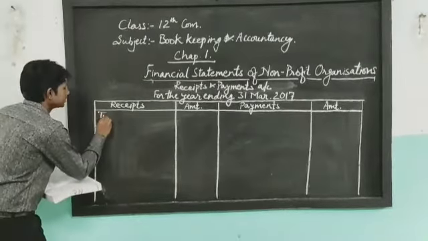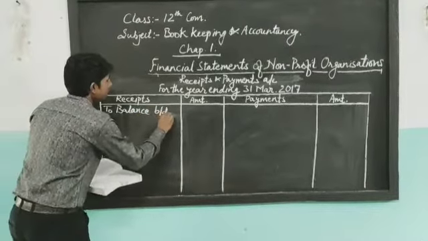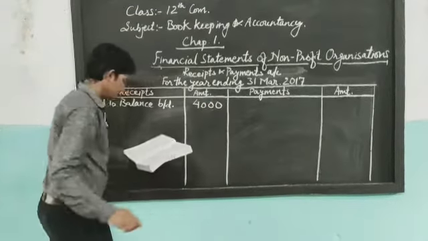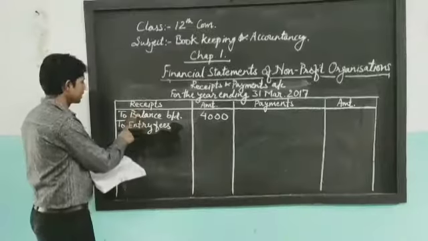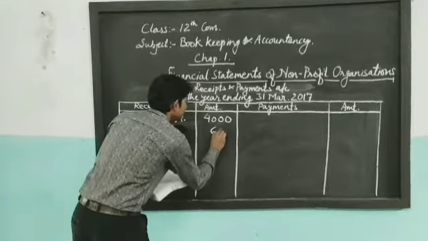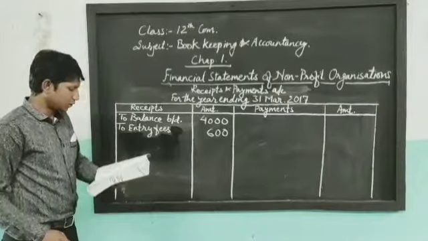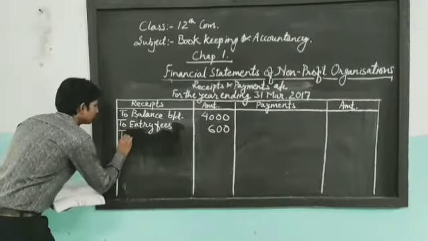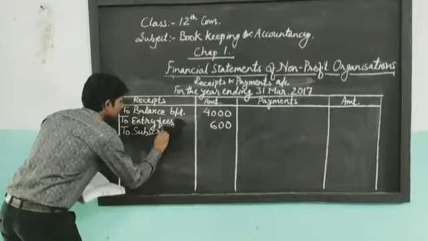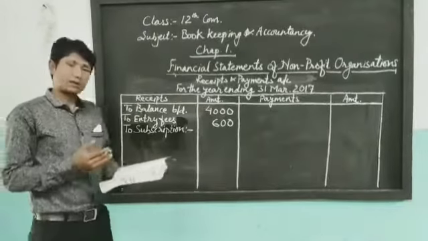It will be written as to balance brought down rupees 4,000. Then receipt side, to entry fees, rupees 600. Then subscription received, it will also be written in the receipt side, to subscription. And its classification is given.